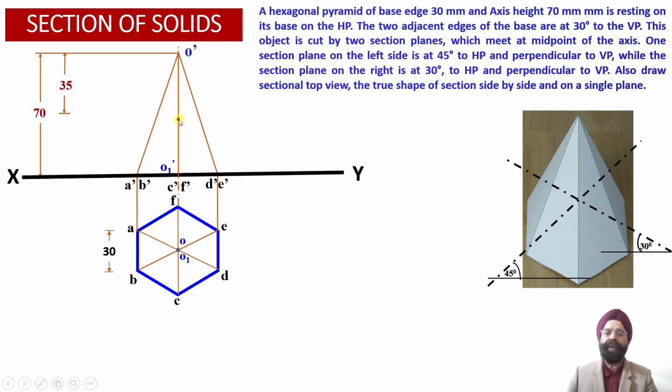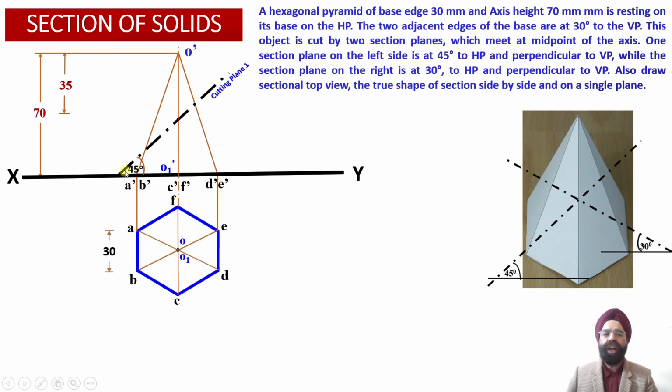Once we mark this midpoint of the axis in the front view projections, the two cutting planes which are going to cut this particular hexagonal pyramid will be inclined at an angle of 45 degree to the horizontal plane, that is the left side cutting plane. It is inclined at an angle of 45 degree to the horizontal plane. So this is our cutting plane number 1.